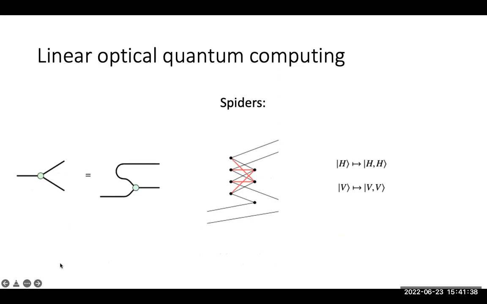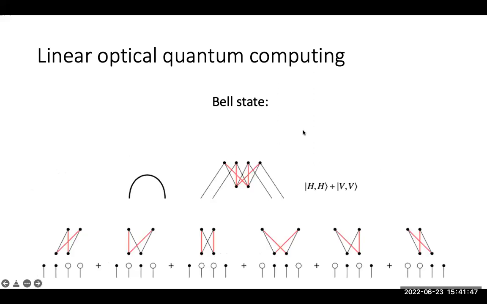But notice that in all these protocols that I've shown, we're post-selecting in a lot of places. And every time, the probability of this happening gets smaller.